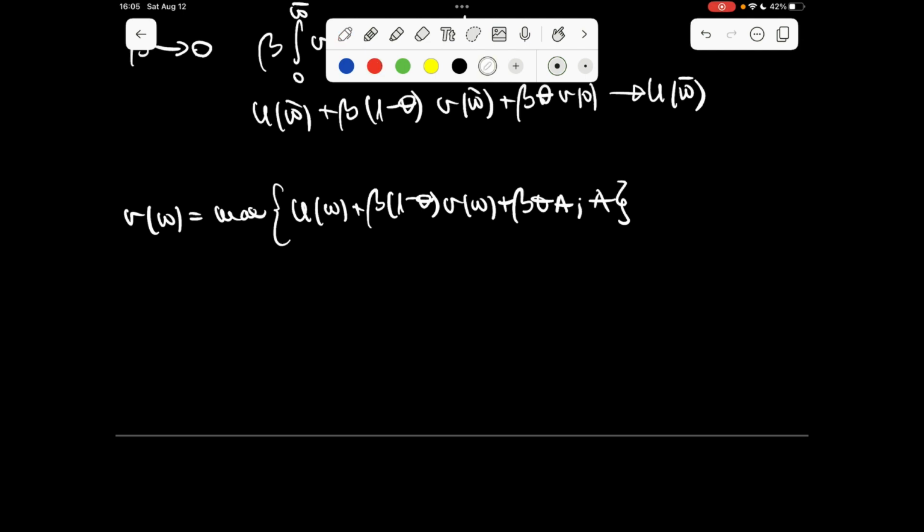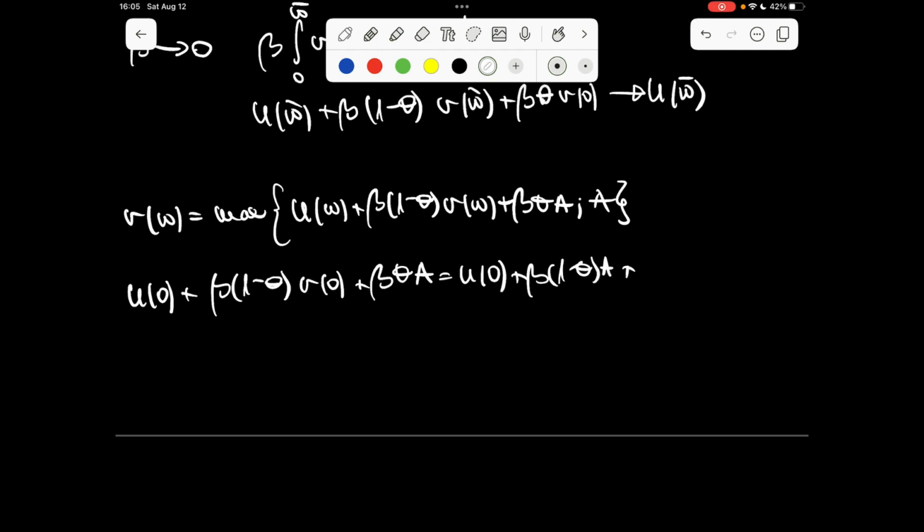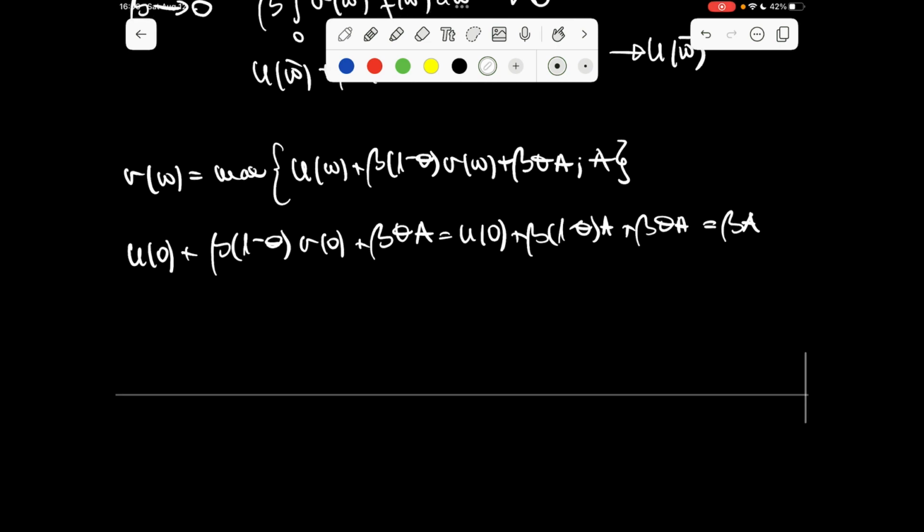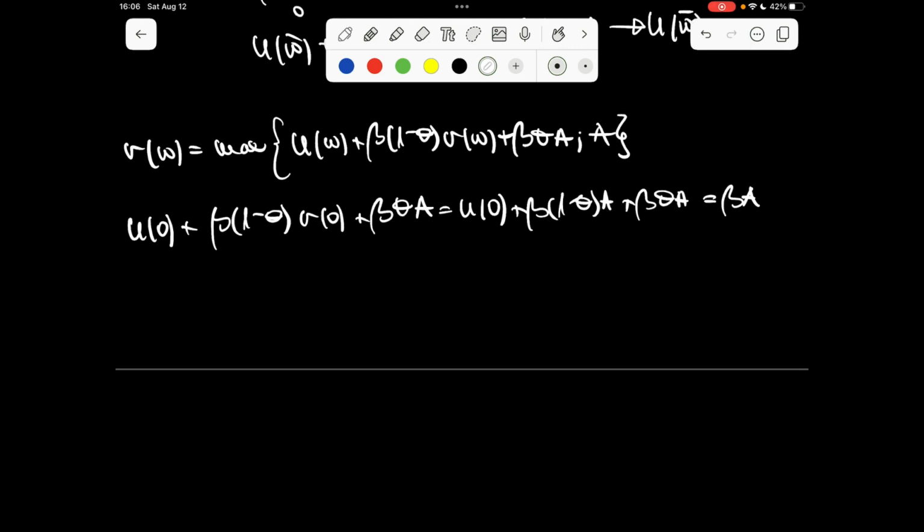If the wage is 0, then this is the acceptance line, which can be simplified to beta A. This is the value of the acceptance line at 0 wage, while at the maximum wage it is higher than A for sure.